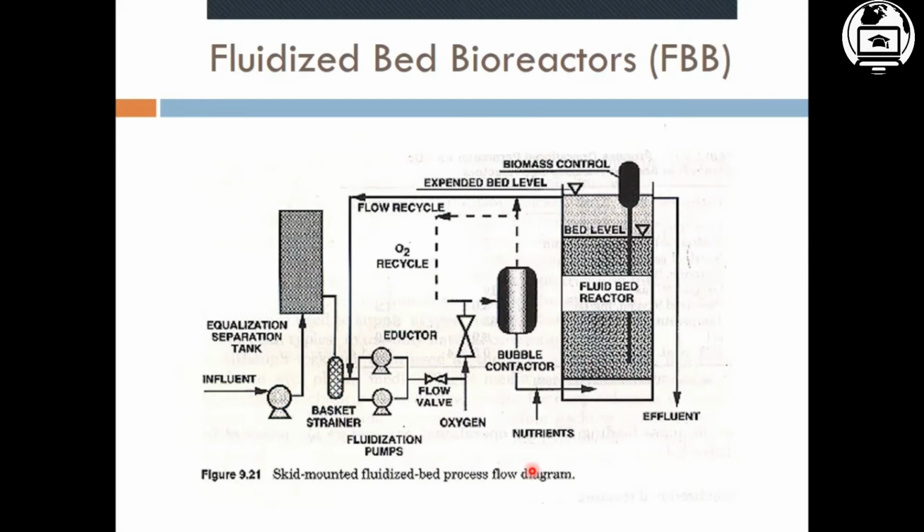In this picture, you can see different flow wells and different accessory materials, and your effluent is taken from the top of the bioreactor.